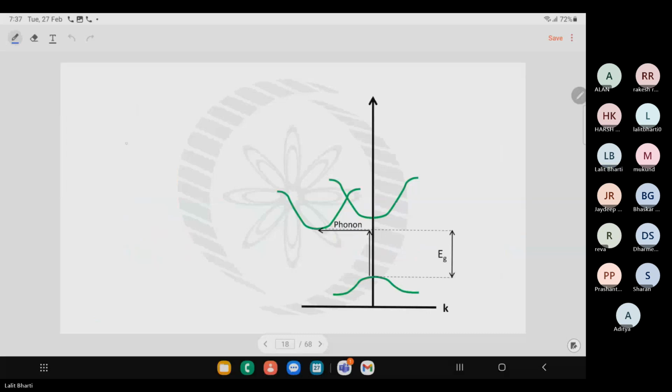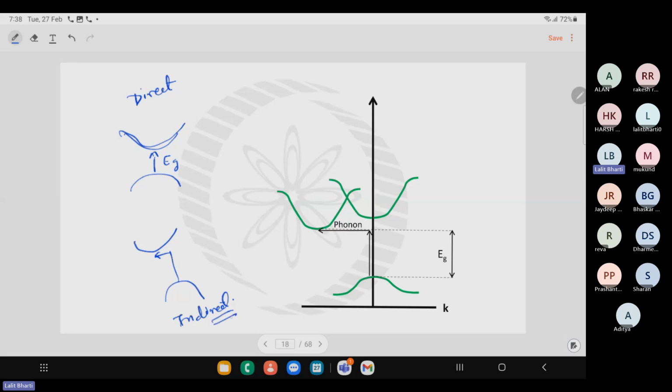So if you have something like this, this is your Eg, this is direct. And if you have something like this, this is your indirect. The important thing here is that these indirect band gaps are assisted by phonons. This horizontal line you can take as the phonon.